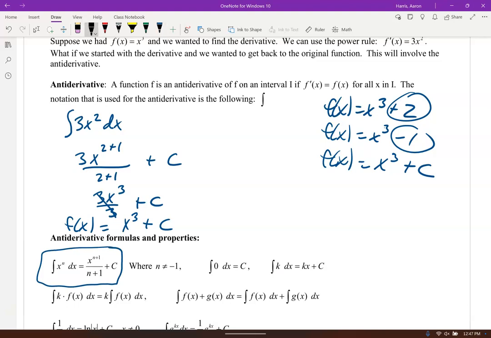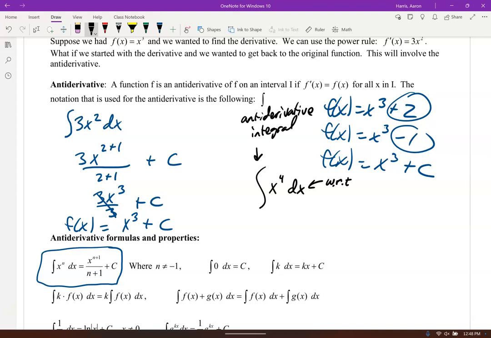Let's do another one with that same power rule. Let's take the antiderivative of x to the fourth. And the dx, by the way, so here's the integral or the antiderivative sign. And this just says with respect to x. So I'm taking the antiderivative with respect to x. That's that dx right there.